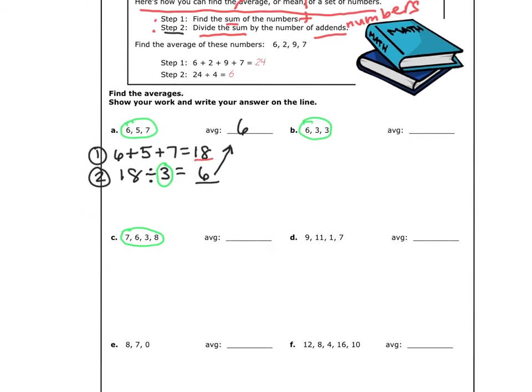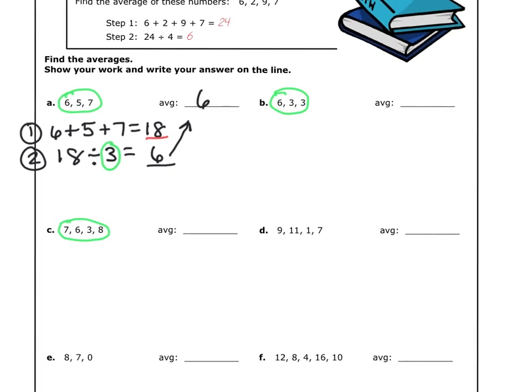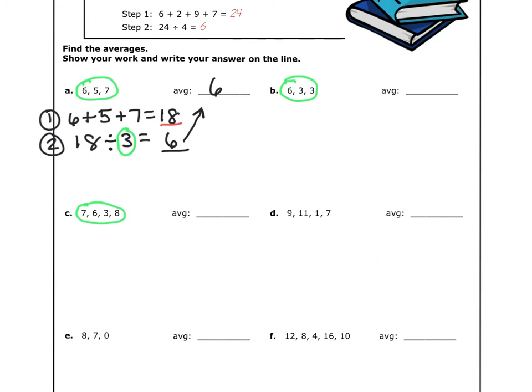So we're going to do one of them that has more numbers, okay? So I'm not going to pick the biggest one down there, but we're going to work on D right now. So what was step one? Add up your numbers. So you need to show me your work, okay?